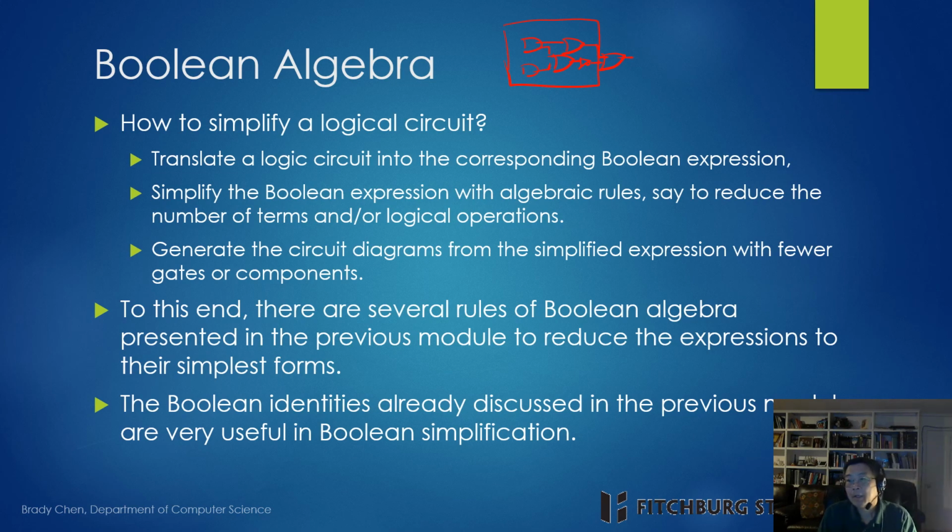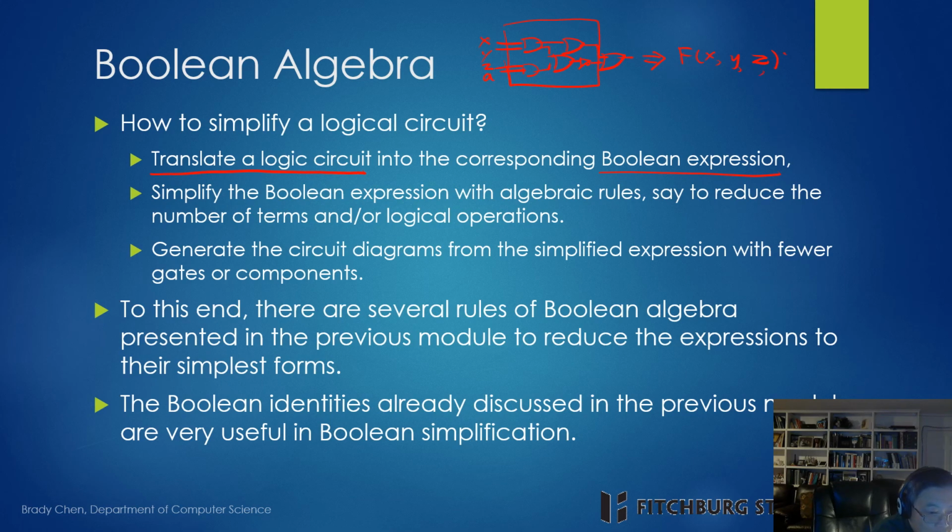So here are the steps. The first thing we need to do is translate the logic circuit into the corresponding Boolean expression. So based on this, we can convert it into some kind of Boolean expression, like f of x, y, z. Suppose we have inputs x, y, z, a.